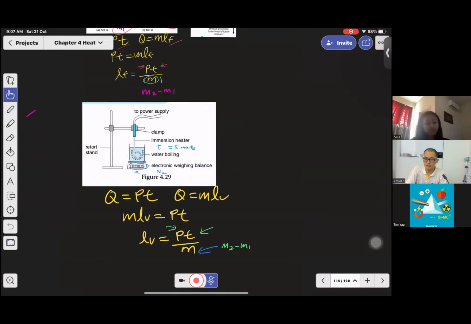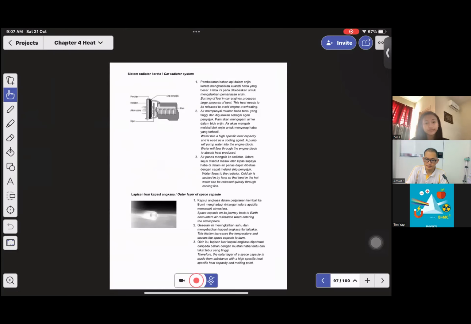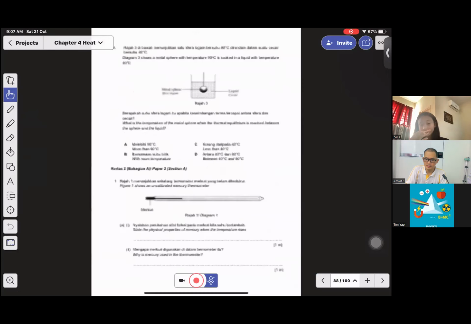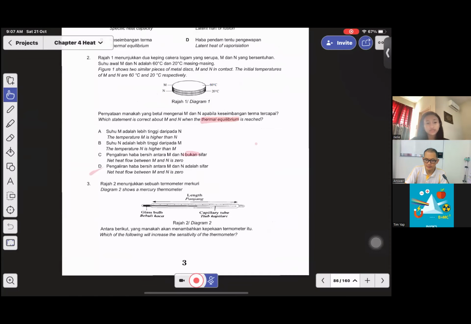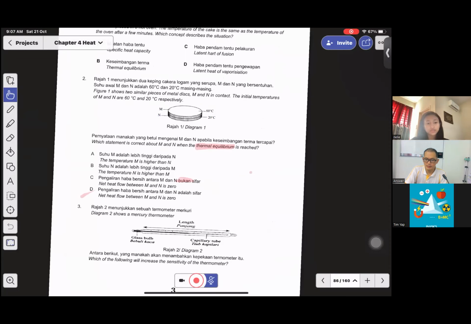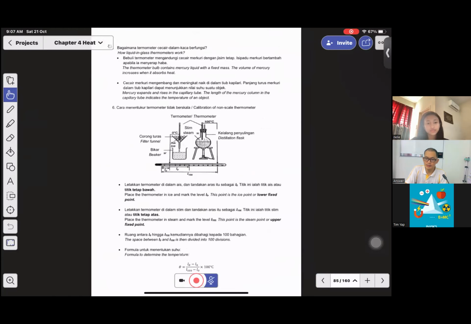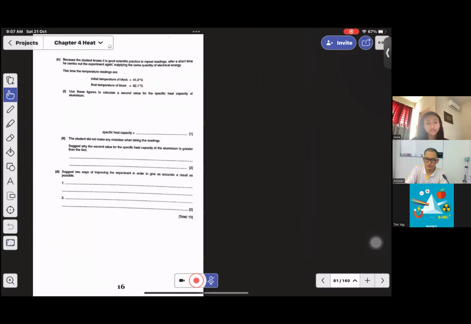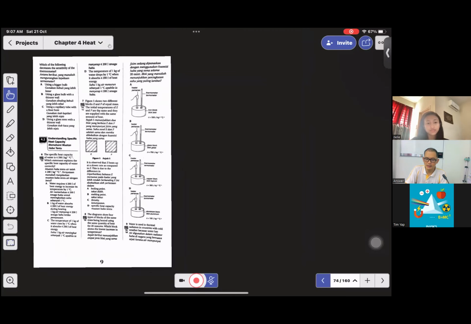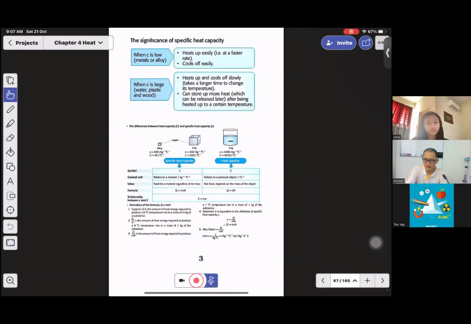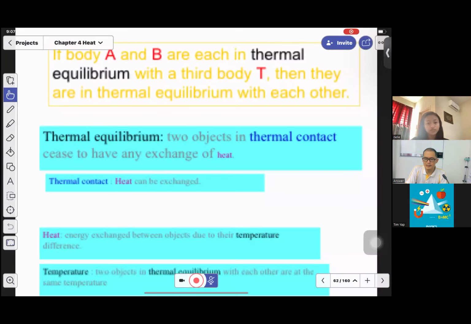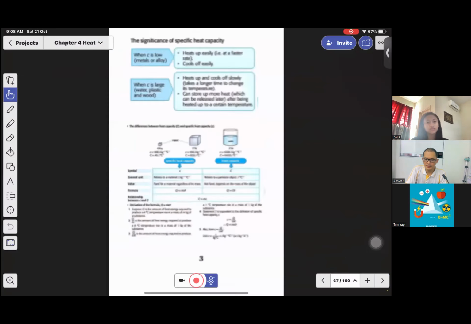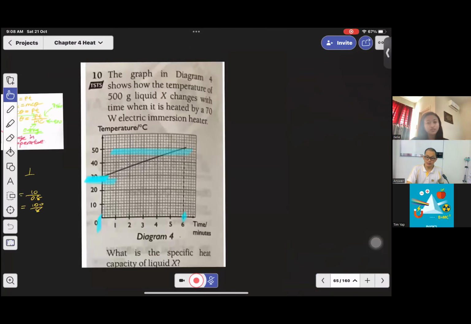So remember how to find the temperatures, right? All right. Now today we go further a bit to see how to increase the sensitivity of a thermometer. Can you tell me what is meant by sensitivity? What do you understand about sensitivity?